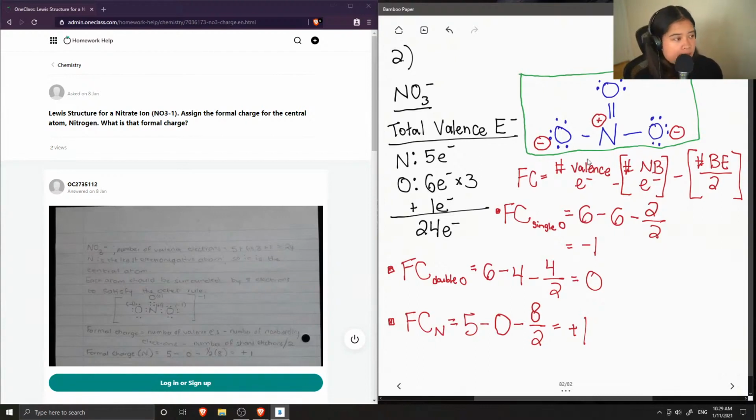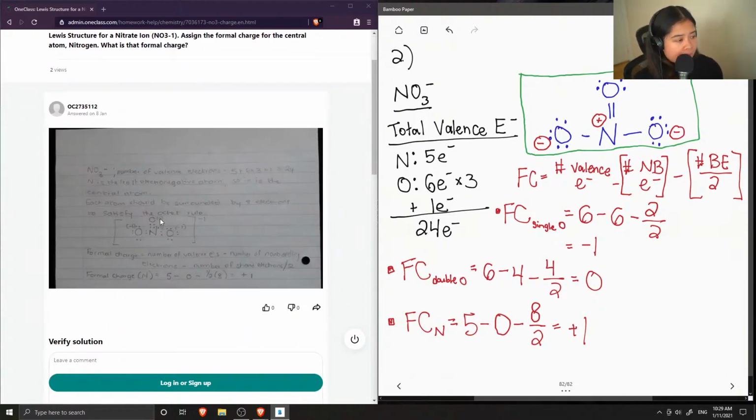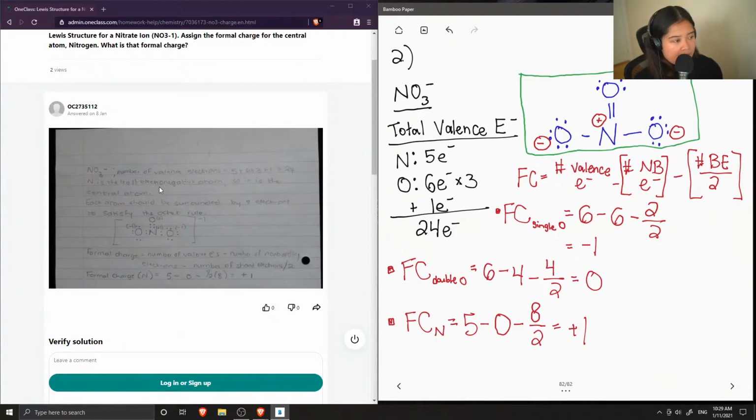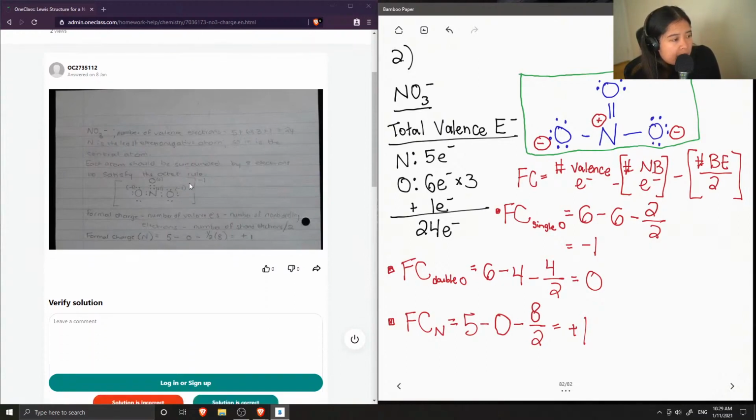So now let's see what the junior tutor said. NO3-, the number of valence electrons is equal to 24. Nitrogen is the least electronegative atom, so it is the central atom. Each atom should be surrounded by 8 electrons to satisfy the octet rule.